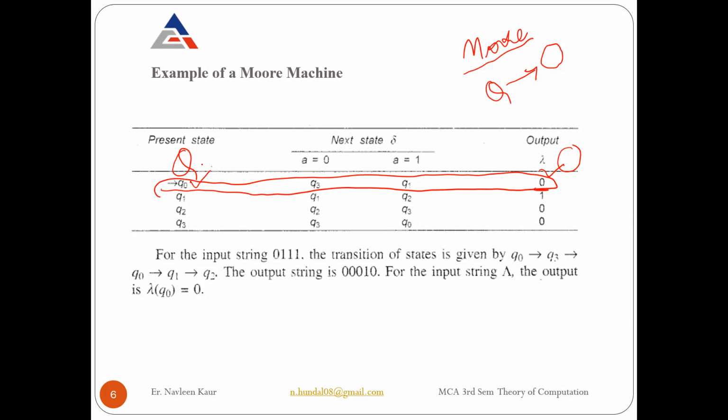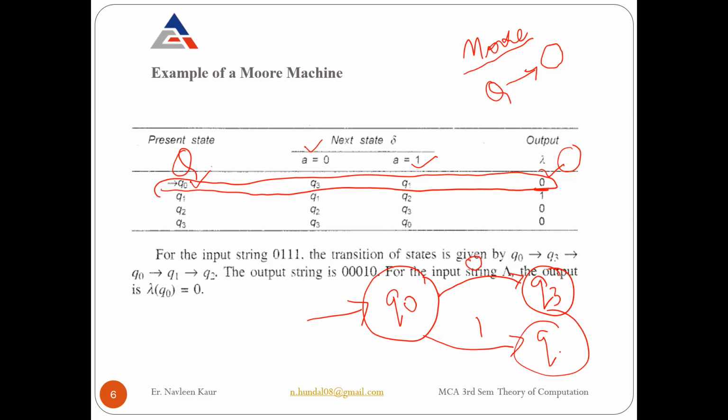Current state is Q0. This is the starting state. If it gets input 0, it takes you to Q3. Q0 on getting 0 will take you to Q3. Q0 on getting 1 will take you to a new state, that is Q1. This is how it is written.